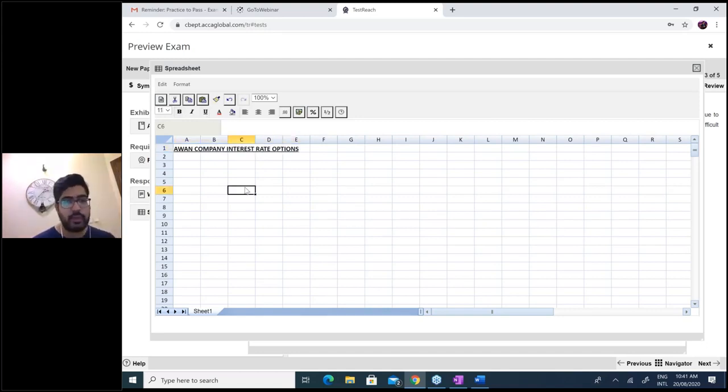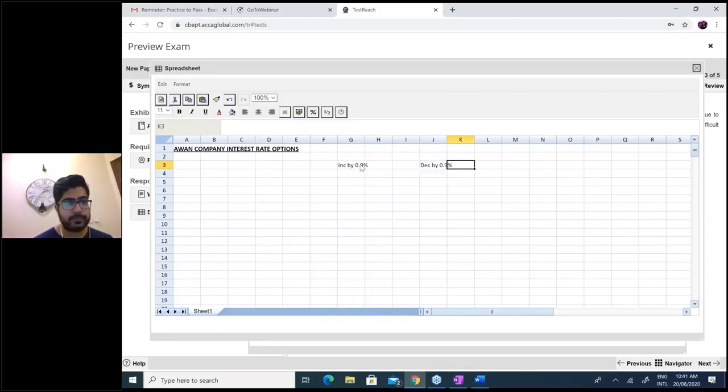Okay, so I have told you interest rate options. Again, there are two things. Increase by 0.9%. And then decrease by 0.9%.